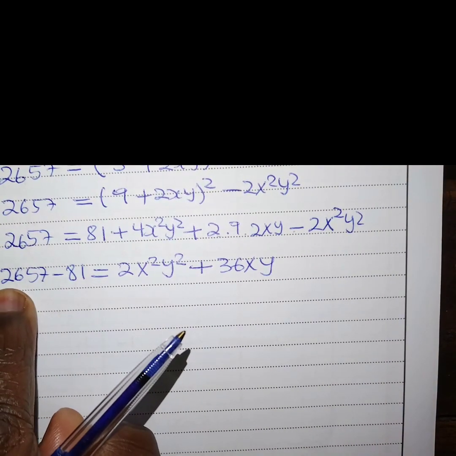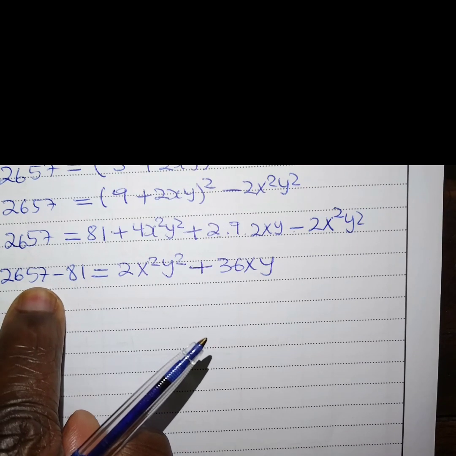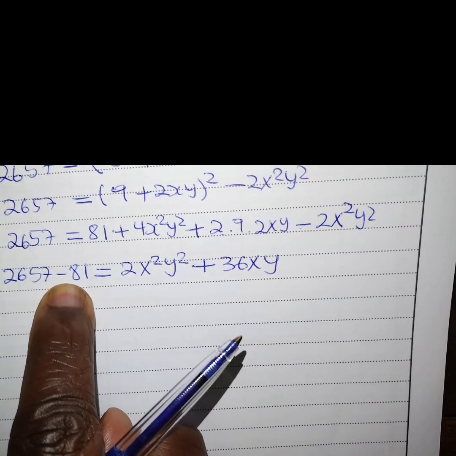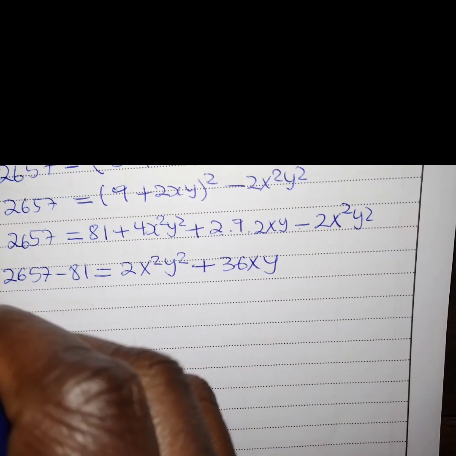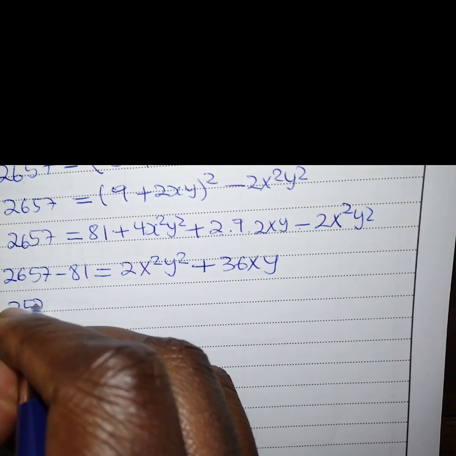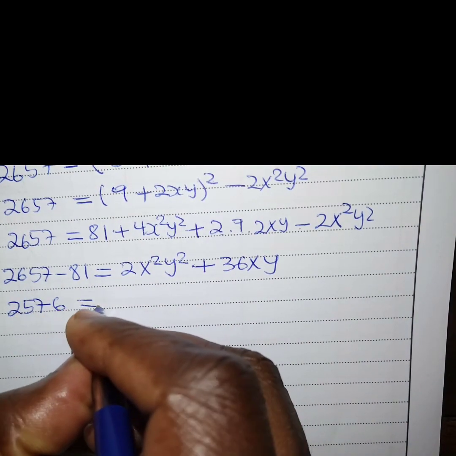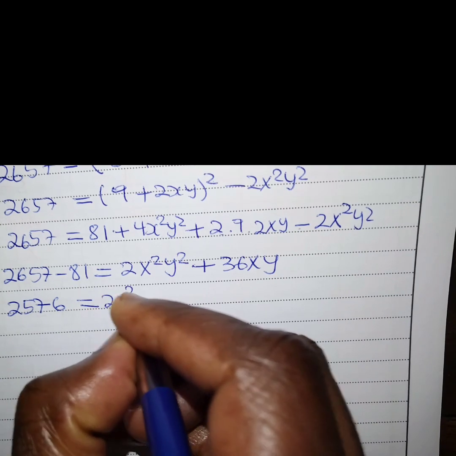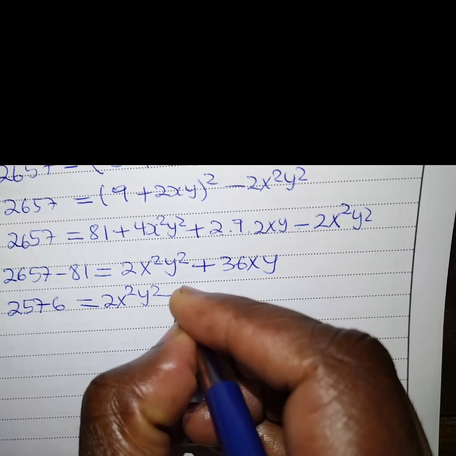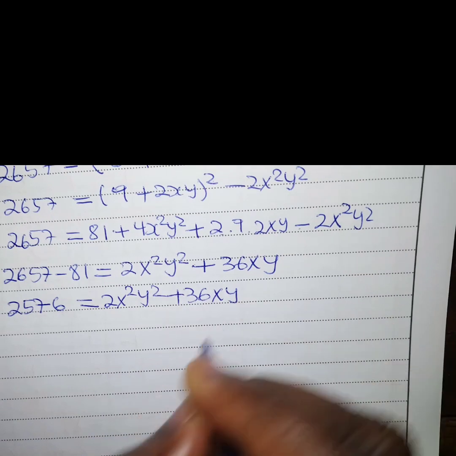Ladies and gentlemen, 2657 minus 81 gives us 2576. This equals 2x squared y squared plus 36xy.